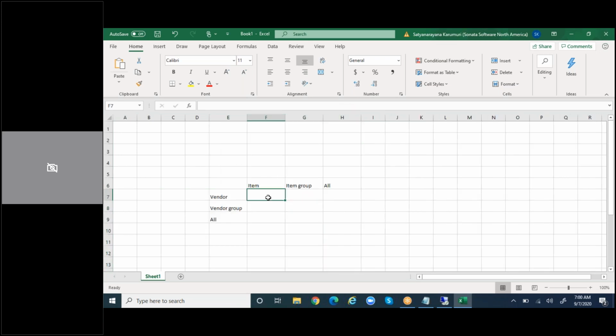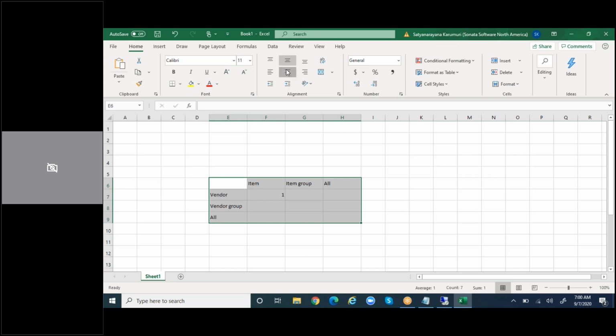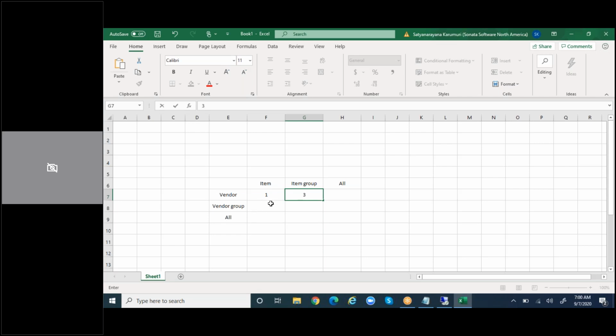So this is the first priority. This is the second priority. This is second and third. This is the fourth priority. This is 5 and 6, and this is 7 and 8.